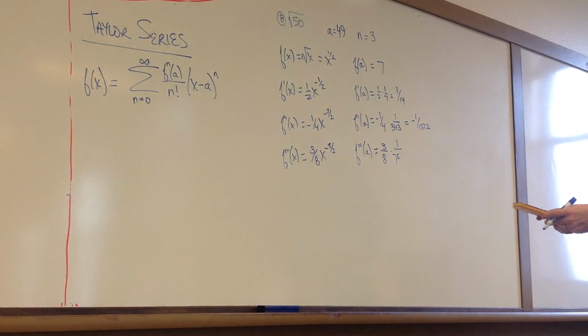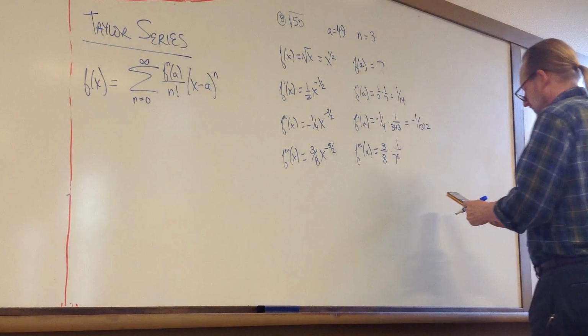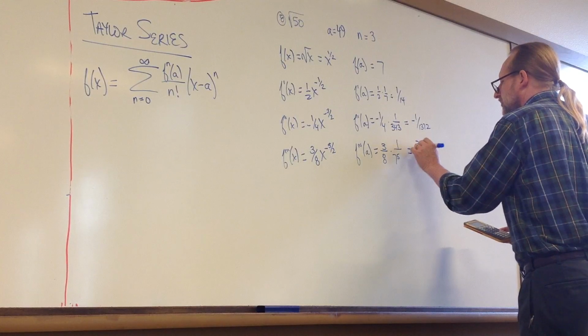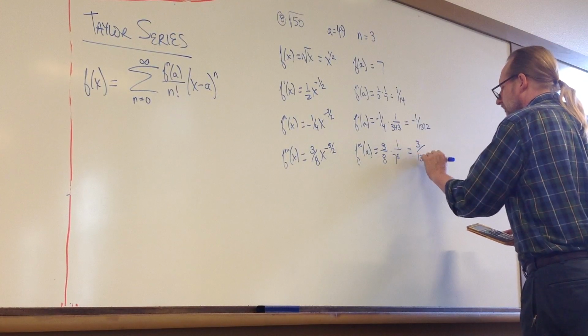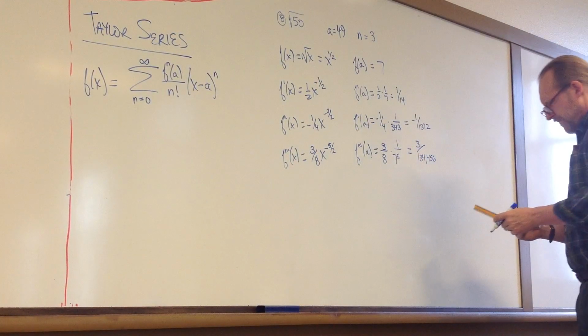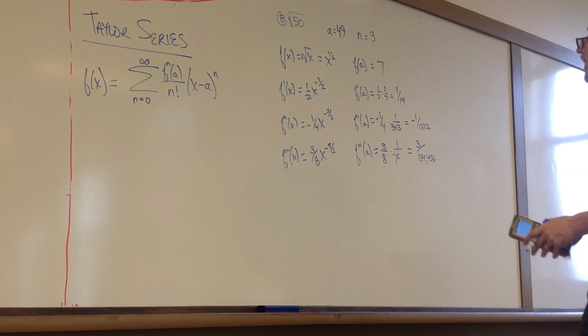That's why this gets so large. So 8 times 7 to the 5th power, 134,456. All right, so let's build our polynomial.